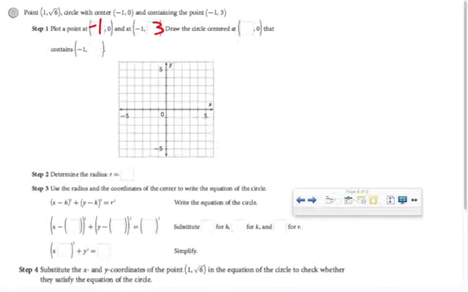I draw the circle centered at (-1, 0) that contains (-1, 3). So if it is centered at (-1, 0), which is here, and it contains the point (-1, 3), which is here, 1, 2, 3, then I know that my radius is 3.